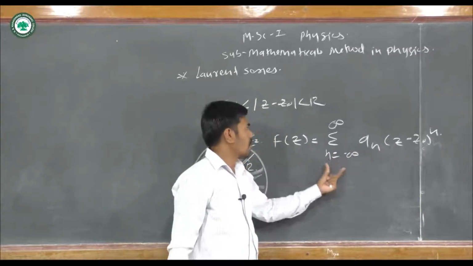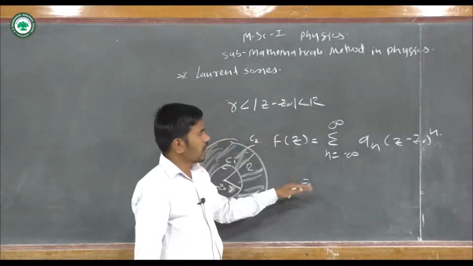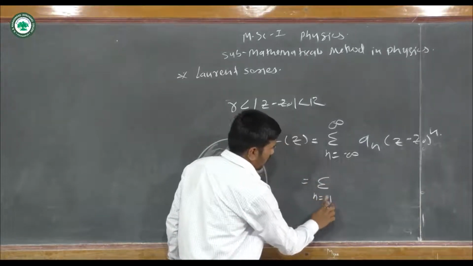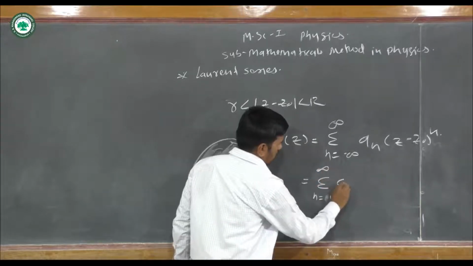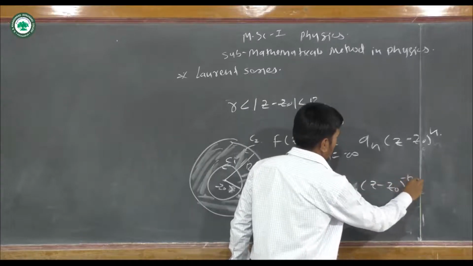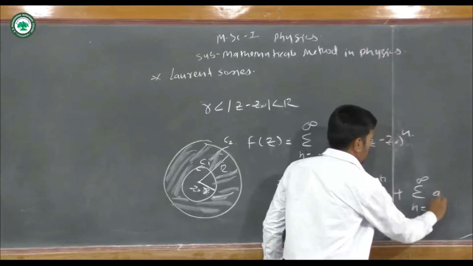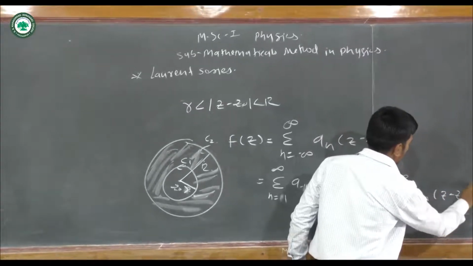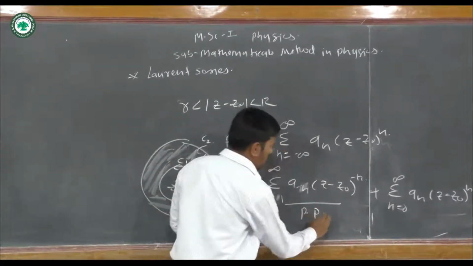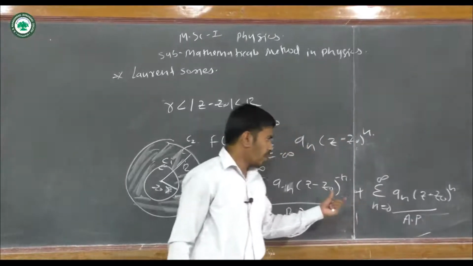This series is also divided into two parts: one is the principal part and the other is the analytic part. First, the sum from n equal to 1 to infinity of a minus n times z minus z naught to the power minus n, and plus the sum from n equal to 0 to infinity of a n times z minus z naught to the power n. The first part is called the principal part, and the second is the analytic part. Why is it analytic?